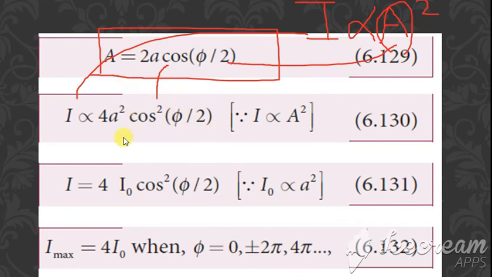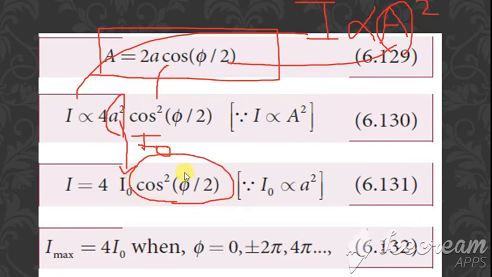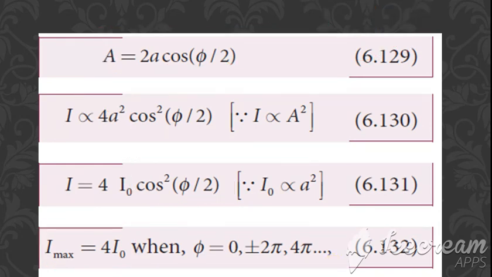Now a square can be written as I naught, so I is equal to 4 I naught cos square phi by 2. If phi by 2 is considered to be 0, cos is 1, and so I max is equal to 4 I naught, when phi takes the values 0, plus or minus 2 pi, 4 pi, etc. So we have got the value of intensity.